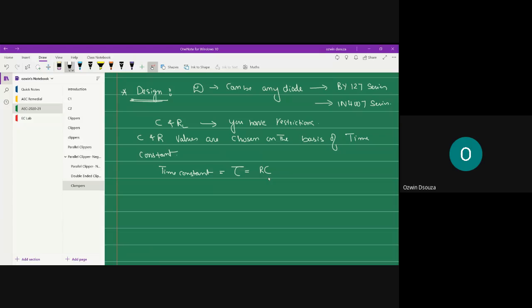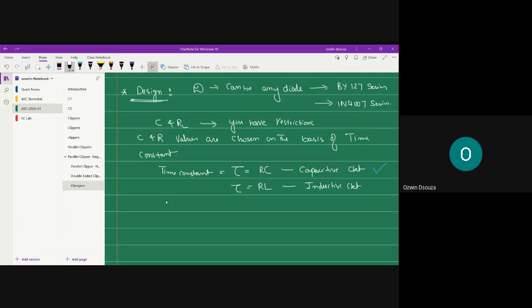This is in case of capacitive circuit. In case of inductive circuit, the same time constant tau is R into L. As of now, I'll pay attention to only capacitive circuit because your clamper is consisting of a capacitor, not an inductor.